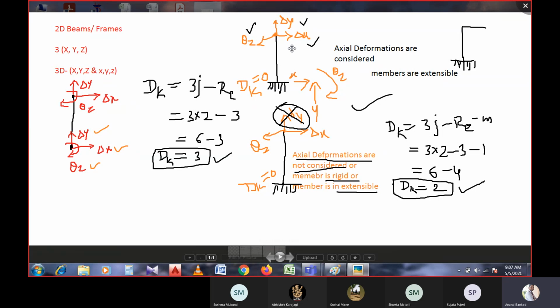When it is considered, there will be a delta y for this particular member. If the axial deformation is considered, then the degrees of freedom will be three numbers, and at this support it is 0, since the fixed support restrains all the reactions, that is the reaction in y direction, the reaction in x direction, and the movement in z direction, right?